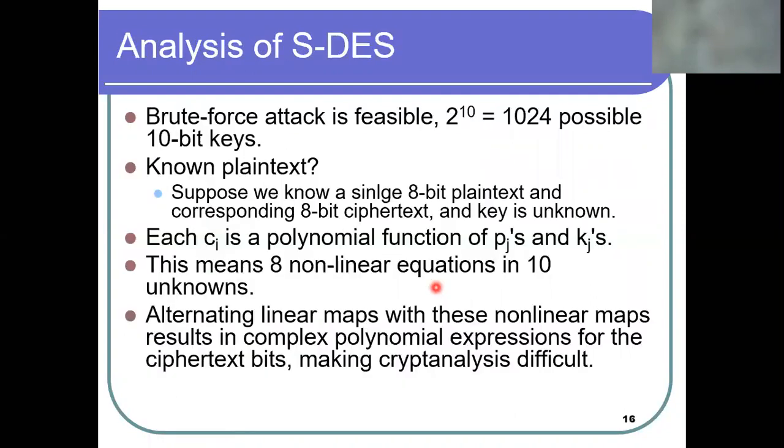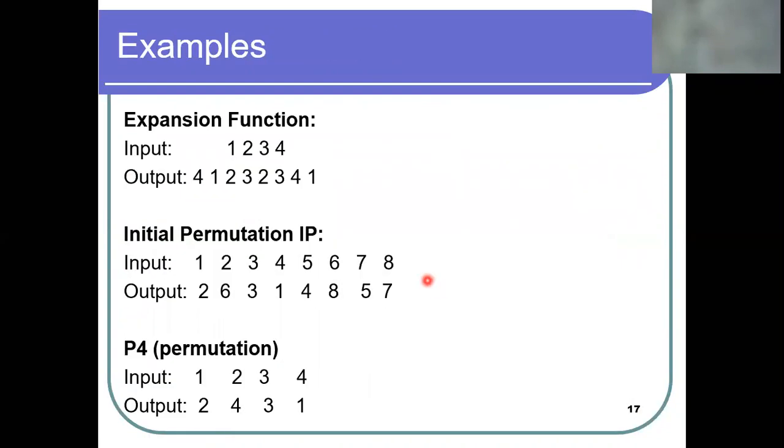So let us start with one example, that is the expansion function, which gives you the idea of how you can map 4-bit onto 8 bits. So in expansion, we have 4 elements that are mapped onto 8 elements, like the fourth position taken as first, and the first bit is placed on second, and then second is placed on third, and third is placed on fourth.